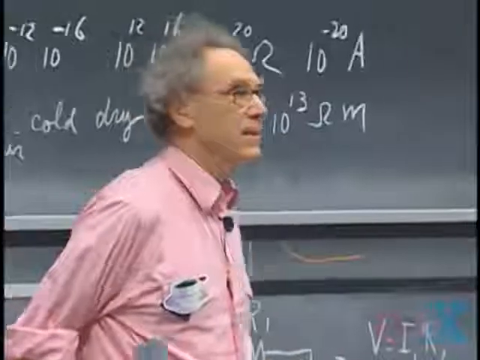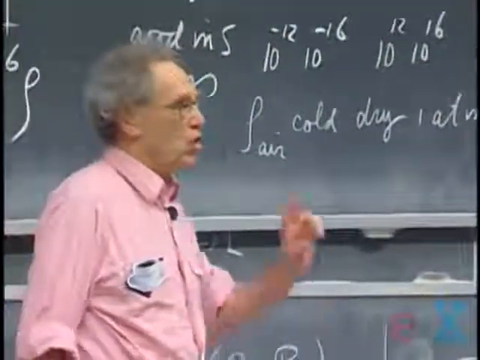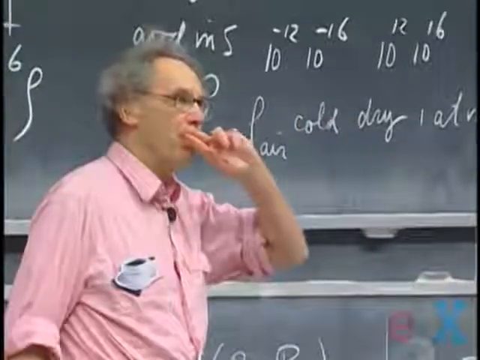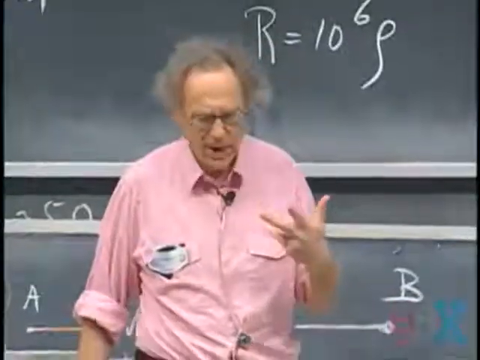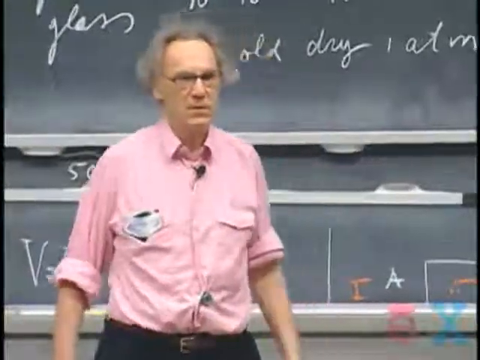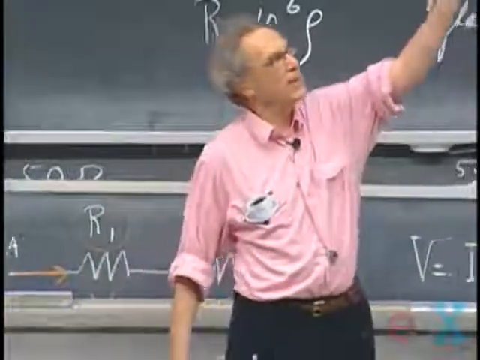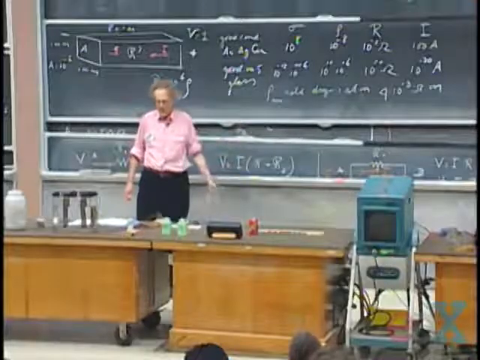If I heat up the air, then the conductivity will go up. Resistivity will go down, because now I create oxygen and nitrogen ions by heating up the air. Remember when we had this lightning, the step leader came down, and we created a channel full of ions and electrons.